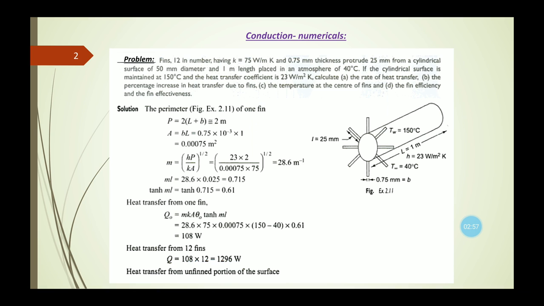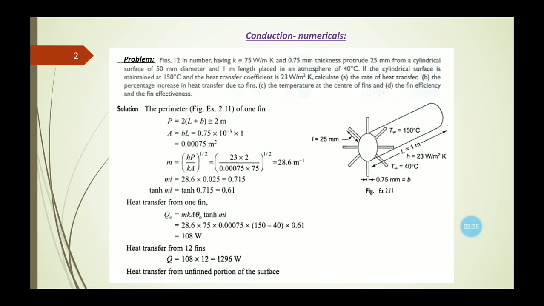If the cylindrical surface is maintained at 150 degrees centigrade and the heat transfer coefficient is 23 watt per meter square Kelvin, then you need to calculate the rate of heat transfer, the percentage increase in heat transfer due to fins, the temperature at the center of fins, and the fin efficiency and fin effectiveness. So these are the four different things that we need to calculate in this numerical.